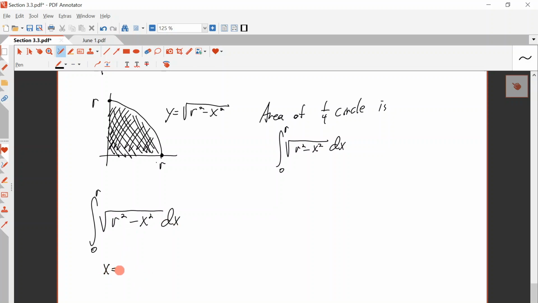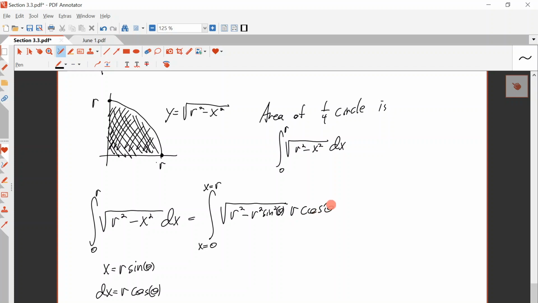So here you're going to let x equal r sine theta. So dx is r cosine theta d theta. Okay? So make your substitutions. So that's the integral from x equals 0 to x equals r of the square root of r squared minus r squared sine squared theta, and then the dx is r cosine theta d theta.